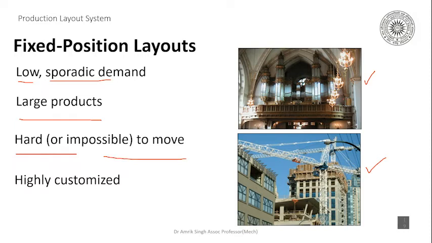You cannot make a house in the shop and move it to the site. It is difficult. Nowadays it can be made by 3D printing, but those are smaller in size. Now, highly customized: you have to make according to the requirement of the customer. So I think you can now understand clearly the difference between a process layout, a product layout and the fixed type layout.